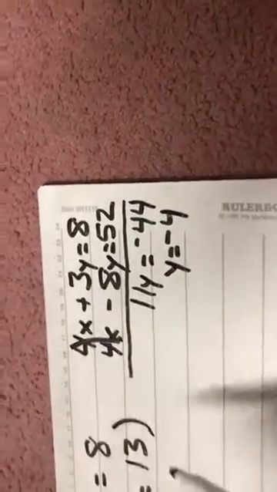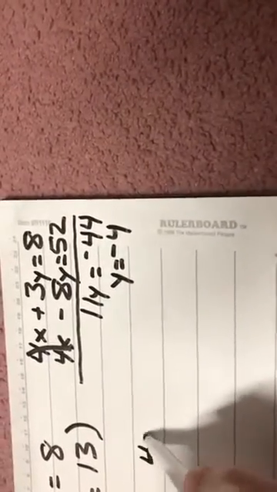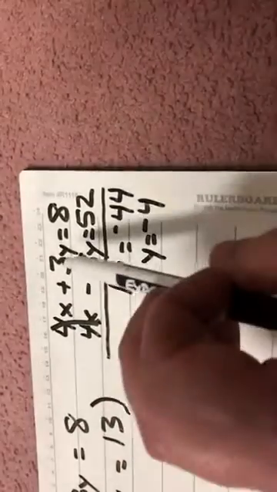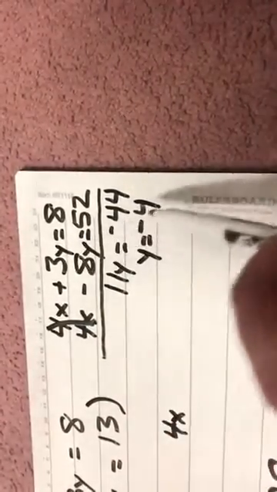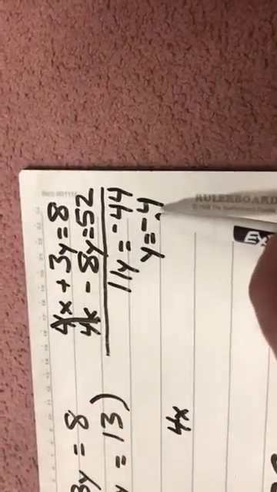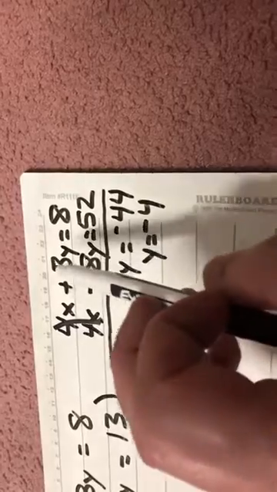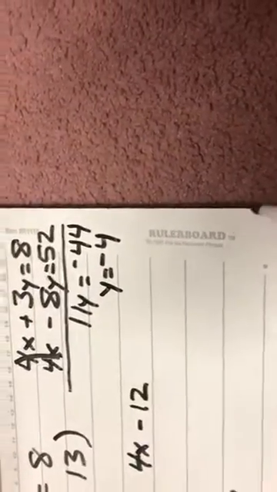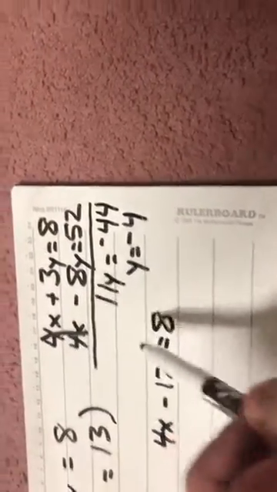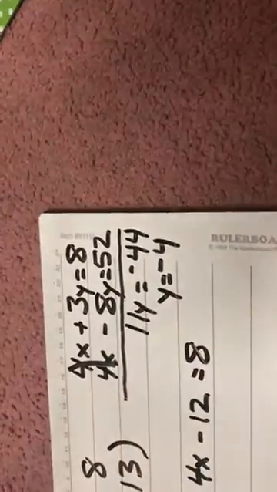So I'm going to set this up now. I'm going to keep my 4x the same. 4x plus 3y. Well, 3 times y, if y is negative 4, 3 times negative 4 is negative 12. When I add a negative 12, that's just minus 12. Okay, and so then that whole thing is going to equal 8 from my top equation.